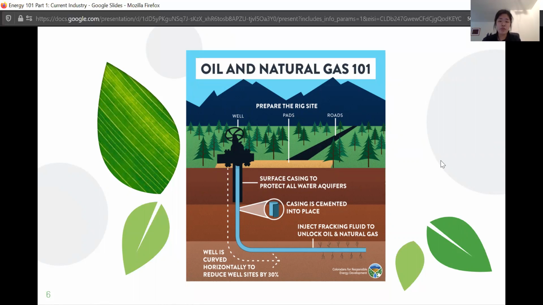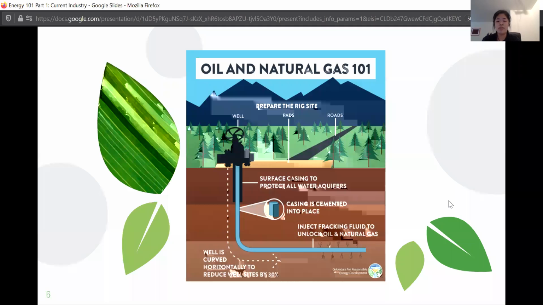After a geological survey of a site, a well is constructed to safely extract the oil. For example, with surface casing to protect all water aquifers and avoid contamination. In many cases, a well can be curved to reduce well sites and better configure itself. In the case of fracking, fracking fluid is injected before extraction in order to unlock oil and natural gas in the surrounding rock.